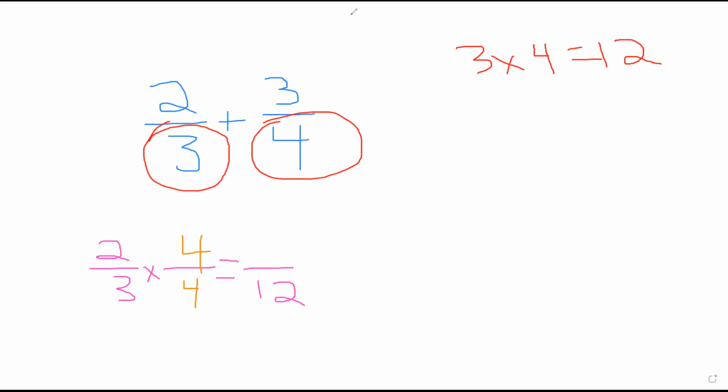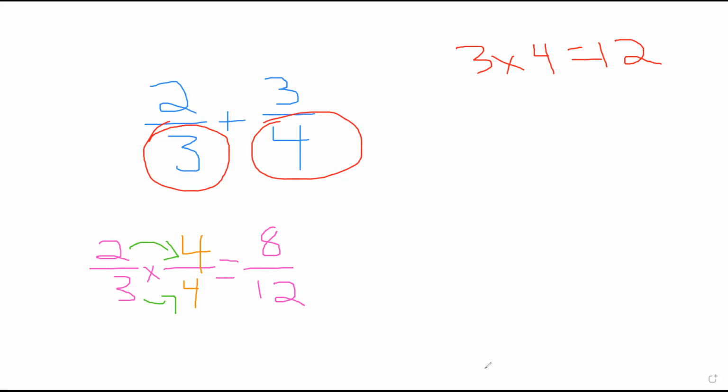So we did 3 times 4. So now we can do 2 times 4. So 2 times 4 comes out to 8, okay? So that is all that you do for this particular style of a problem there, for the easiest common multiple, okay?